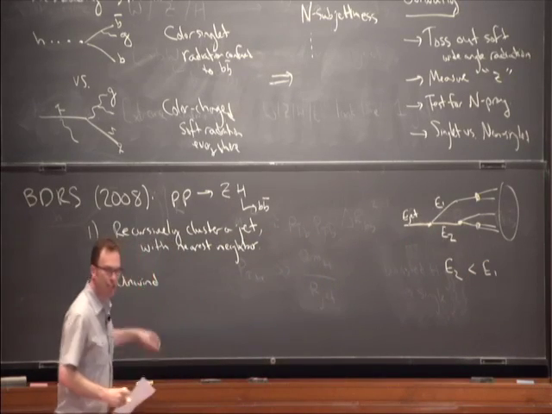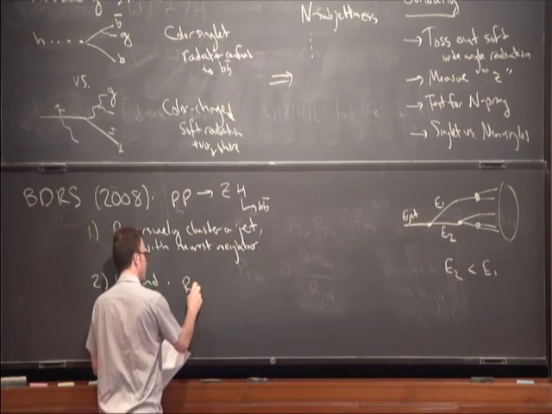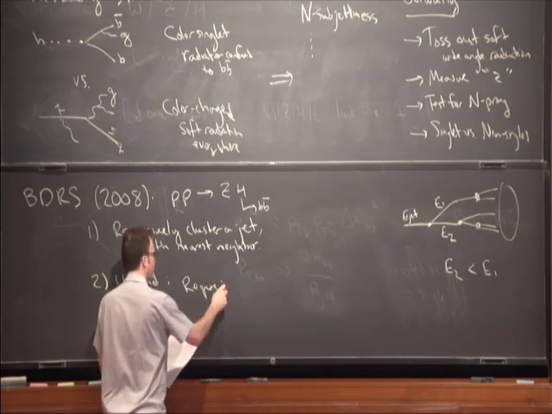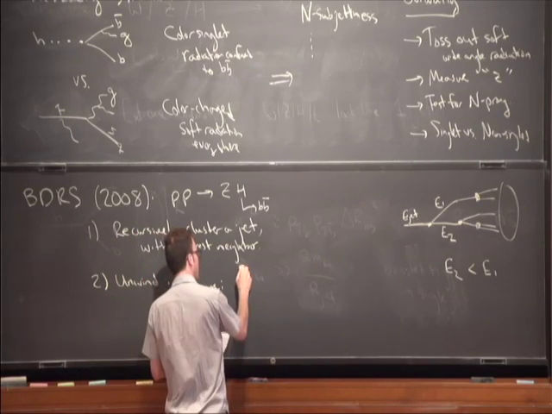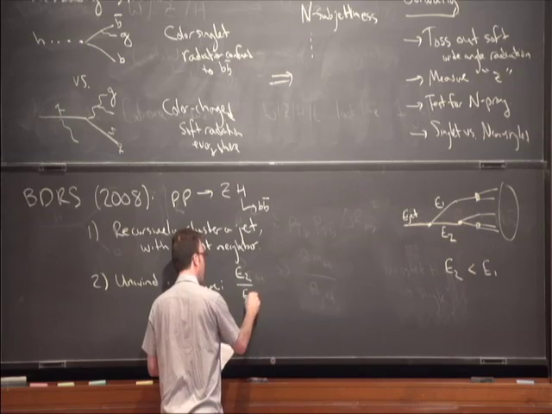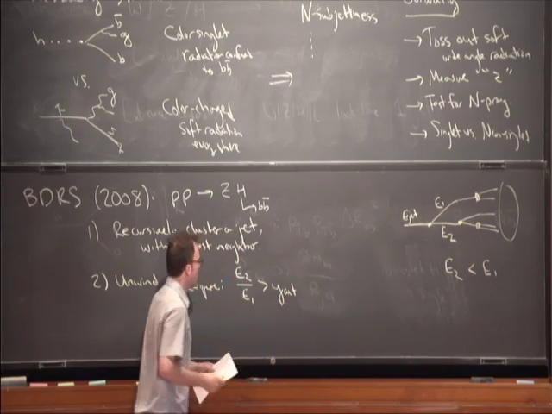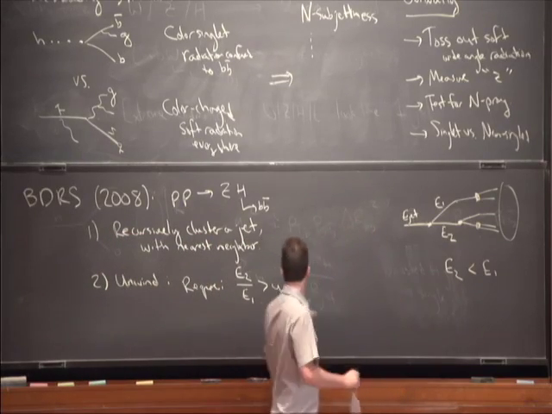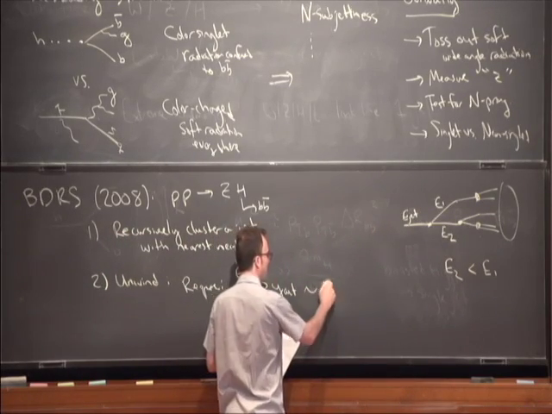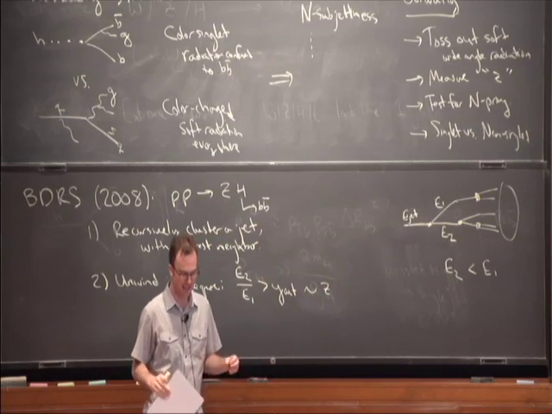And you unwind the jet by applying the following test. If you want to keep the unwinding, you require that E2 over E1 is greater than what's known as y_cut. Let's say E2 is smaller than E1, so roughly speaking you can think of this as the same thing as z, where z being small means that you're soft.